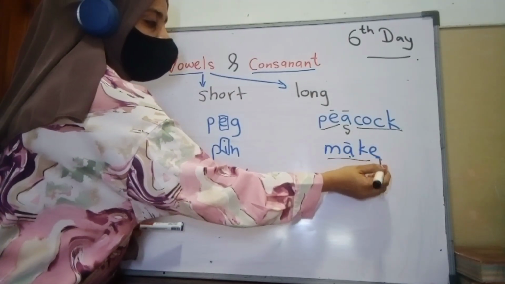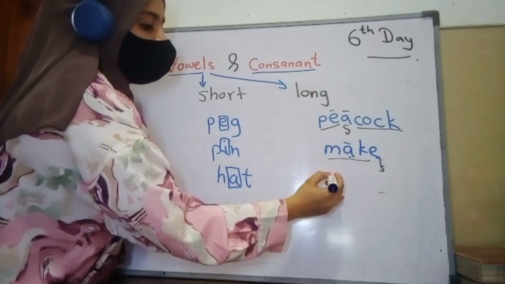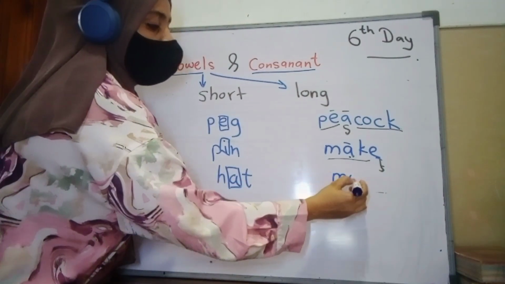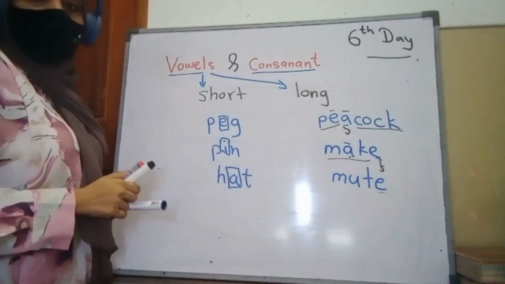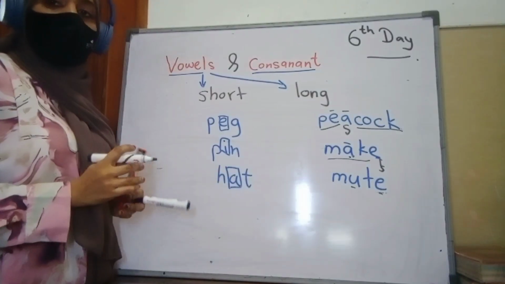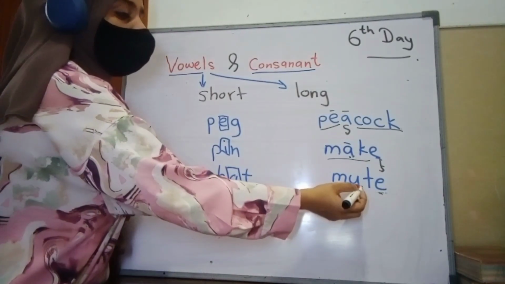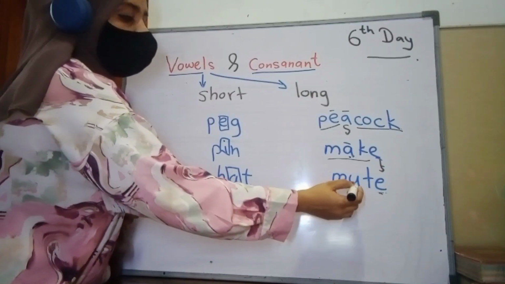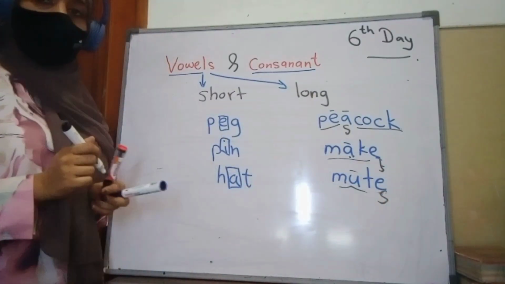This will be the silent one. So another example we can see, this one. See, we can see two vowels, this one and this one. The first vowel we have to pronounce, the second has to be silent. Mute, mute. This will be the silent. Mute.